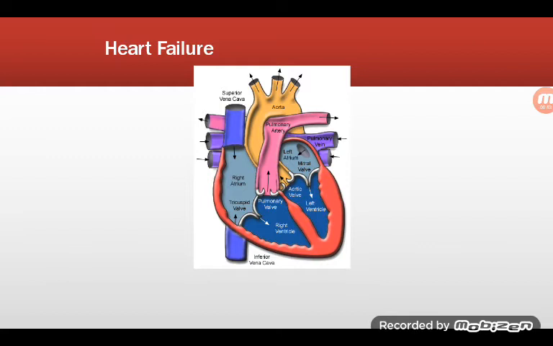Now, heart failure makes the person prone to excessive fluid buildup within the heart, and then that fluid can build up and go out backwards and out into the pulmonary system.